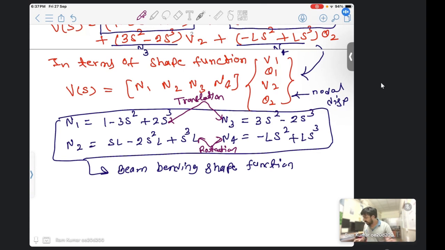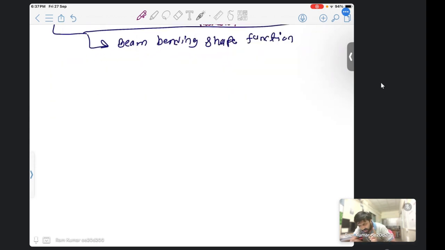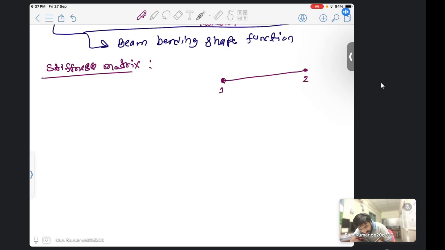One thing I just want to mention here: the stiffness matrix for a beam element. This is our beam element, node 1, node 2.